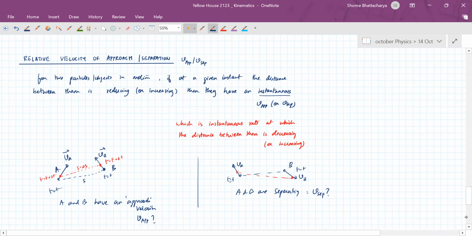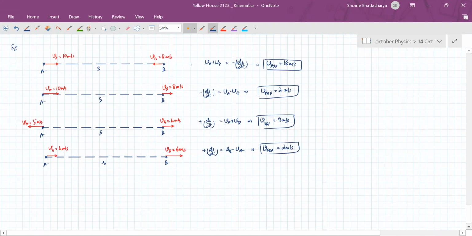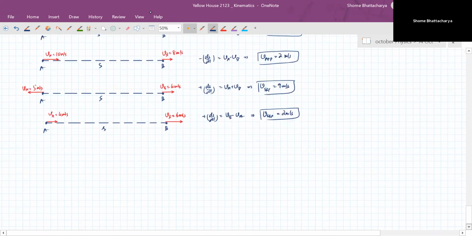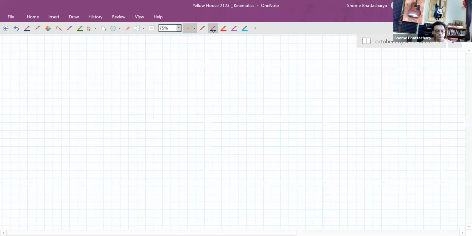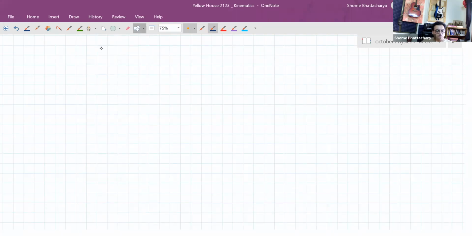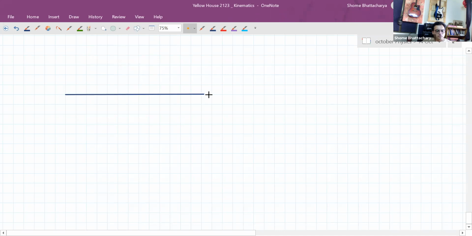Now let us look at the more interesting situation where the motion of A and B is not directly along the line joining A and B. So for example, if we were to have a situation like this where at the given instant this is how the velocities are.